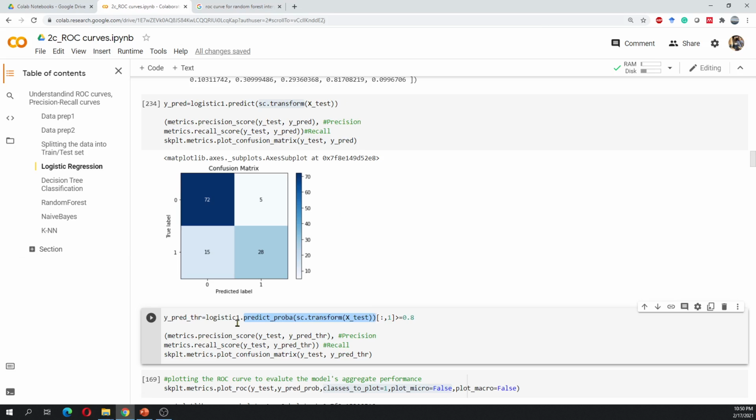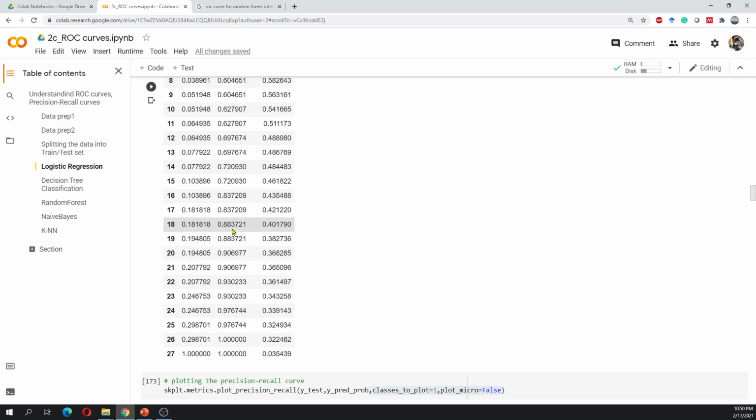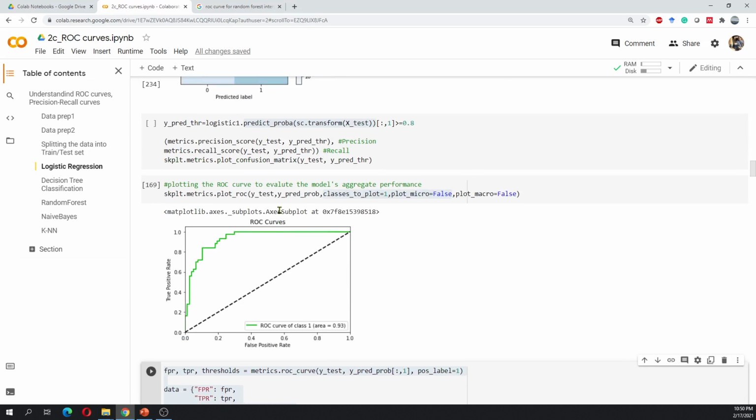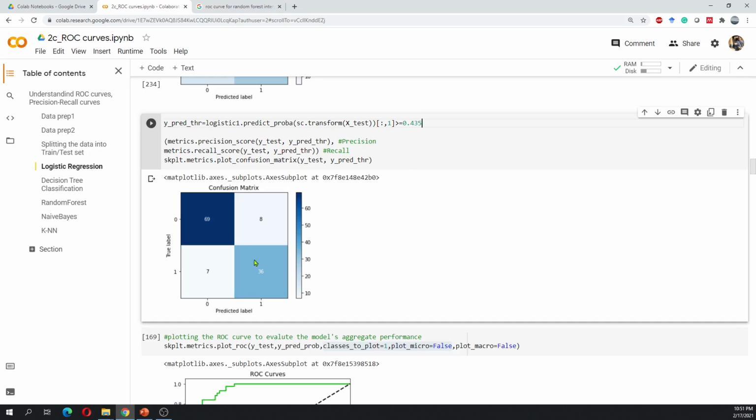I can demonstrate that to you by copying it over here. I'm going to do it again. What was the threshold we looked at? Let's go over it again. I think I forgot. It was this one, 0.43. Okay, this value. So if I use this and do the confusion matrix, let's see.